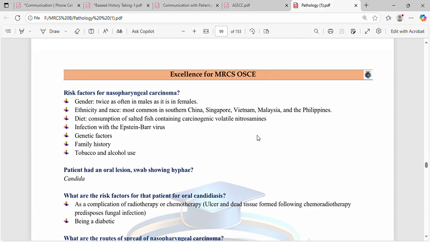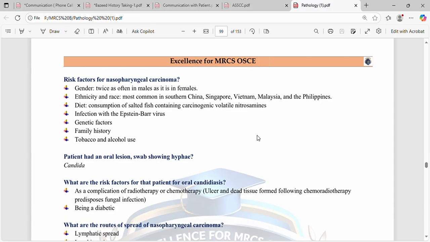Non-modifiable factors are family history, genetic factors, gender, more common in males, twice as often as females, and ethnicity and race, most common in southern China, Singapore, Vietnam, Malaysia, and the Philippines. You can make preventions.